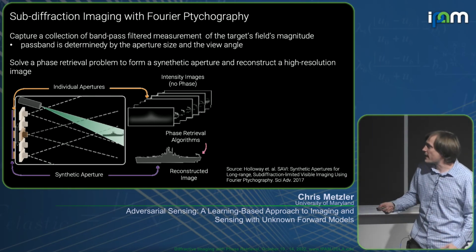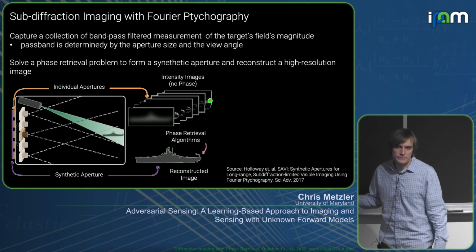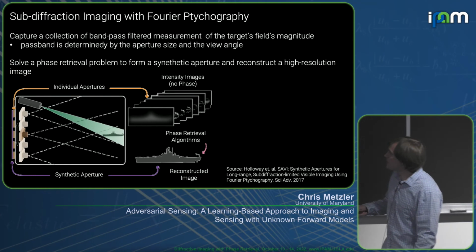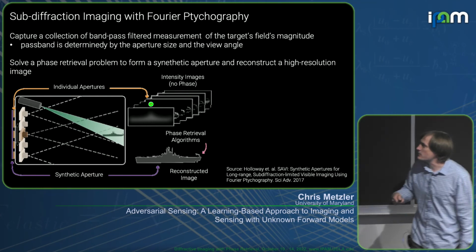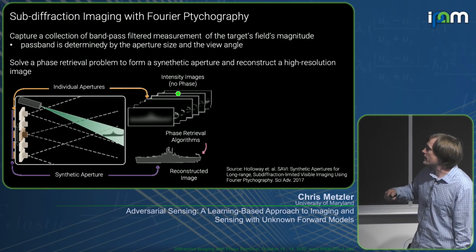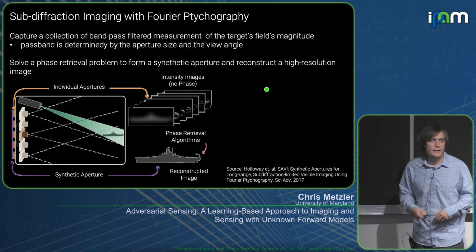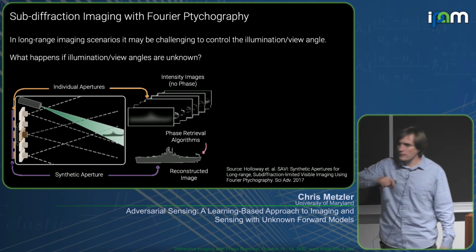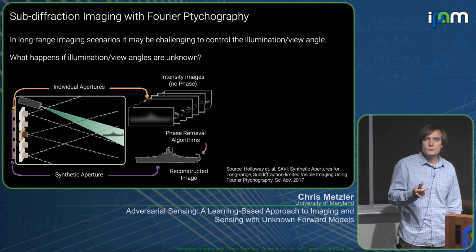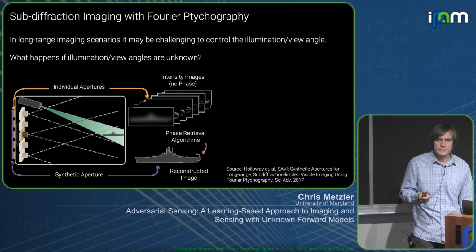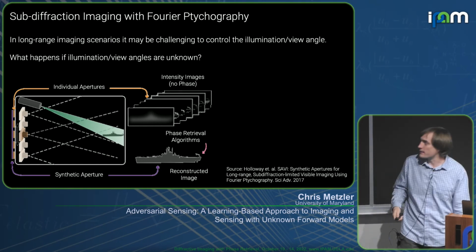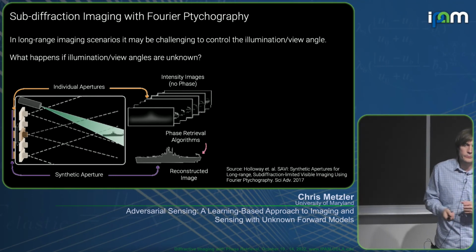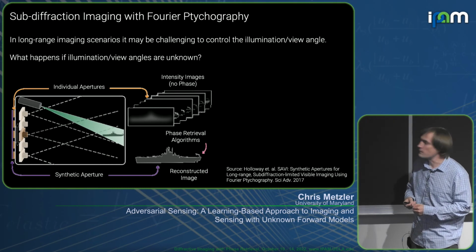The forward model here is that we're capturing a series of bandpass filtered images. Michael went through this in detail. With this sequence of bandpass filtered images, you can set up a phase retrieval problem and form a synthetic aperture to reconstruct a high resolution reconstruction of the scene. But whereas you have super precise control in microscopic applications, where you turn on either that LED or that LED, in long-range imaging scenarios it may be challenging to control the illumination and the view angle.